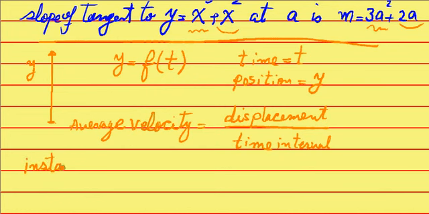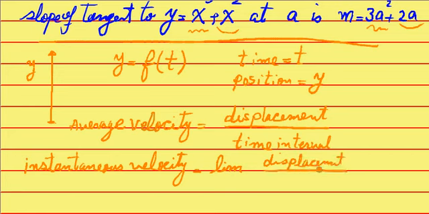So instantaneous velocity is going to be the limit of the displacement divided by the time interval, or interval of time. So this is really the length of the time interval. The limit is taken as the length of the time interval goes to 0.